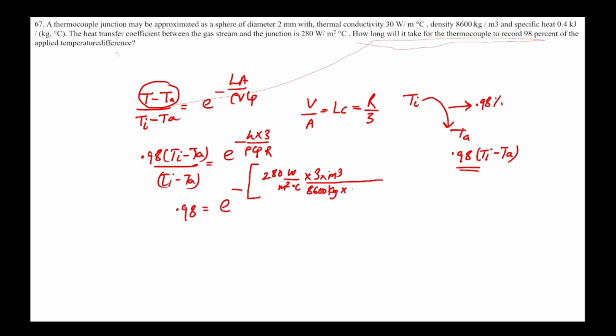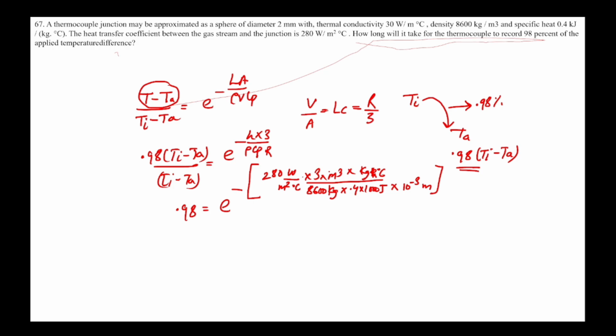Cp is 0.4 into 1000 joule per kg degree Celsius, and into radius. Radius is 10 to the power minus 3, because this is diameter, radius will be 1 mm. 1 mm is equal to 10 to the power minus 3 meter.